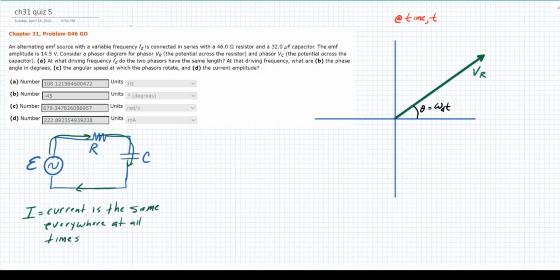So this is V subscript L, which technically is non-existent, but I'm just doing that here for reinforcement.